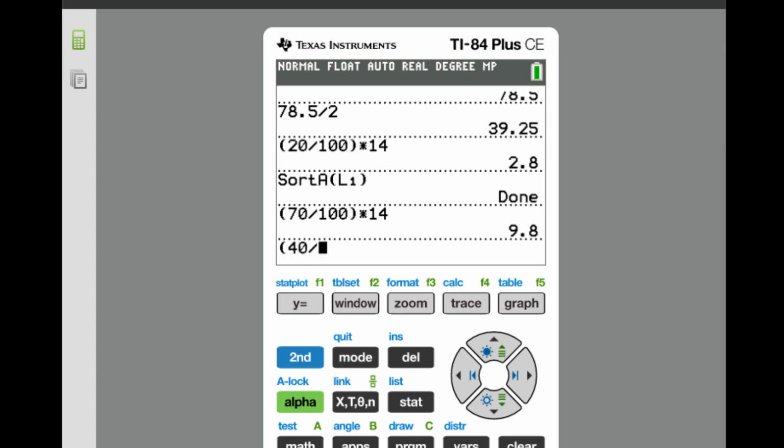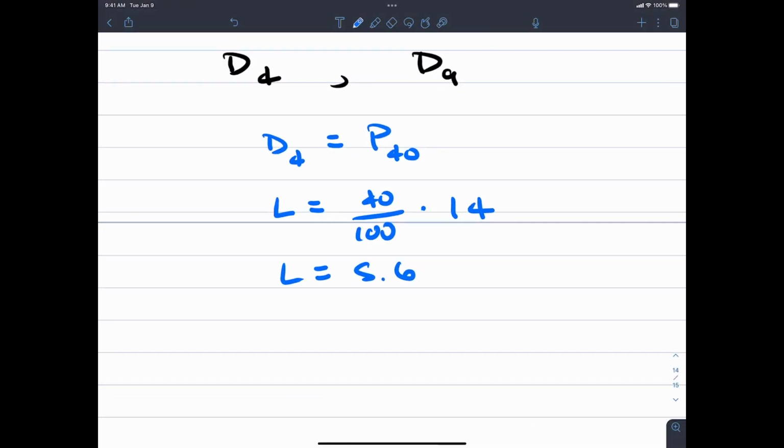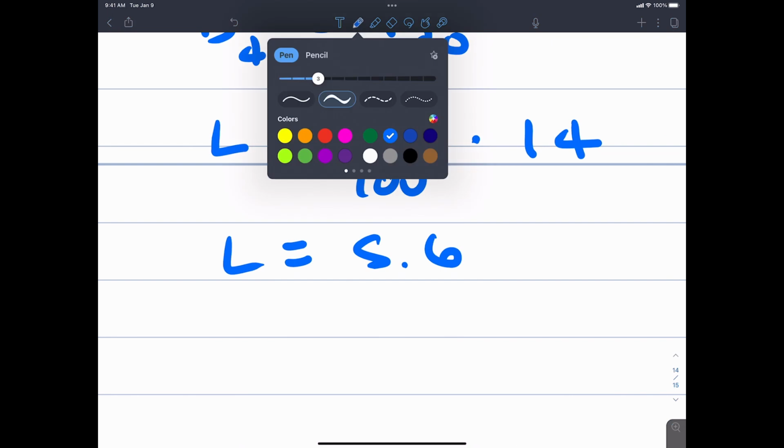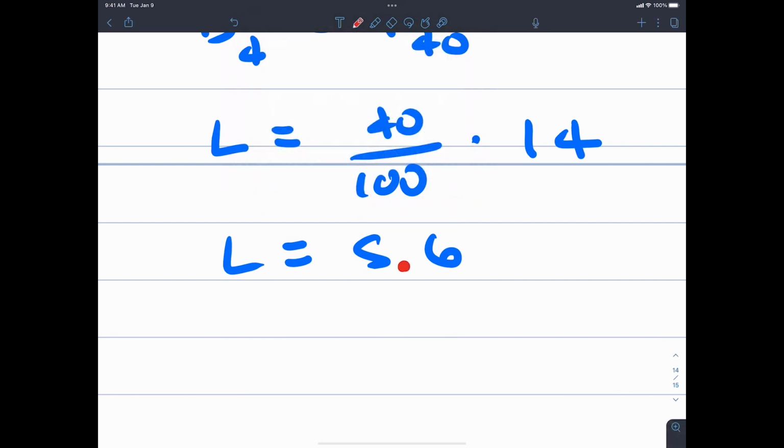40 divided by 100 times 14. What do you guys get? What do you guys know about 5.6? Is that a decimal? Okay, what do you do when it's a decimal? Round up to the next whole number. So what do I have to look for now?